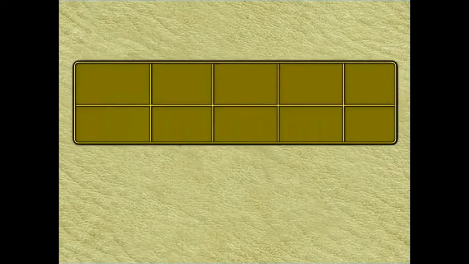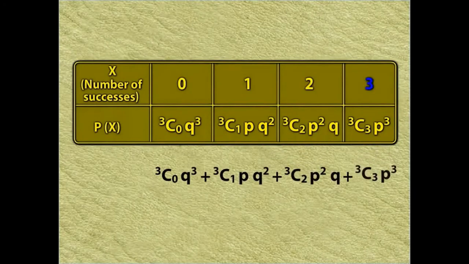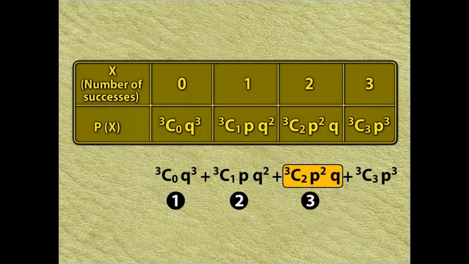Now the probabilities of 0, 1, 2 or 3 successes represent the first, second, third and fourth term of the binomial expansion q plus p whole cube.